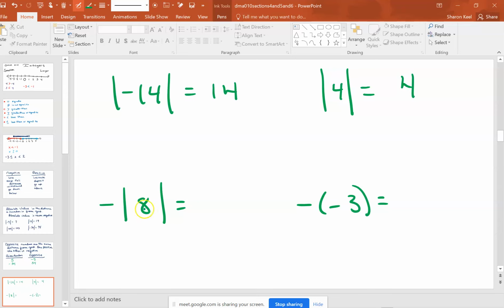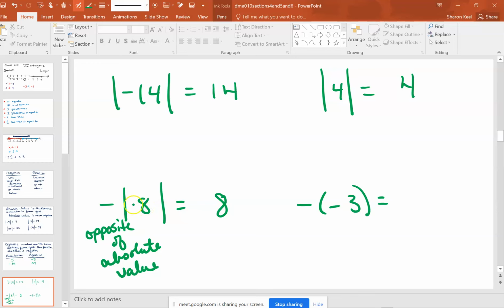Now for this one, there's a sign in front of the absolute value symbol. First, we simplify the absolute value of 8. That would be an 8. But since there is a sign here, this is asking you what is the opposite of the absolute value of the 8.